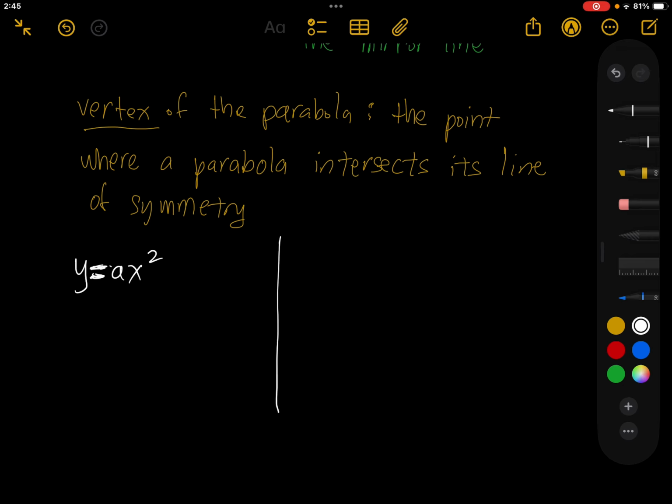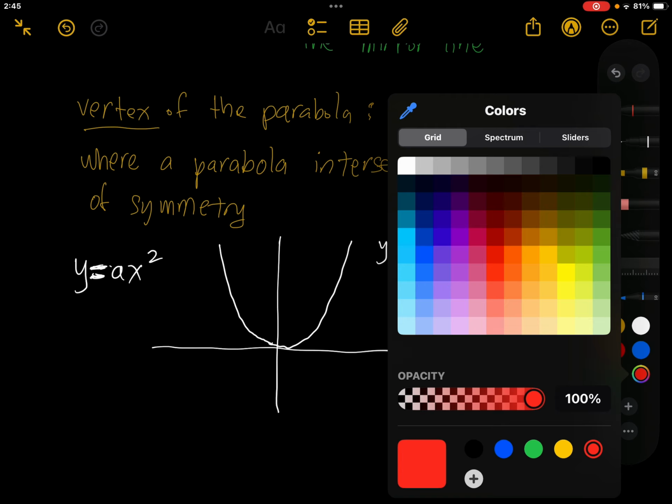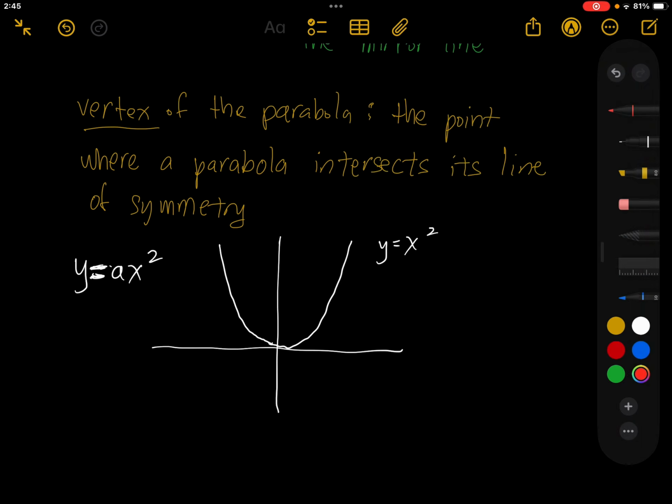Well, if you make some graphs, say this is y equals x squared. If you make a graph of, say, y equals 2x squared, it's going to look something like this.